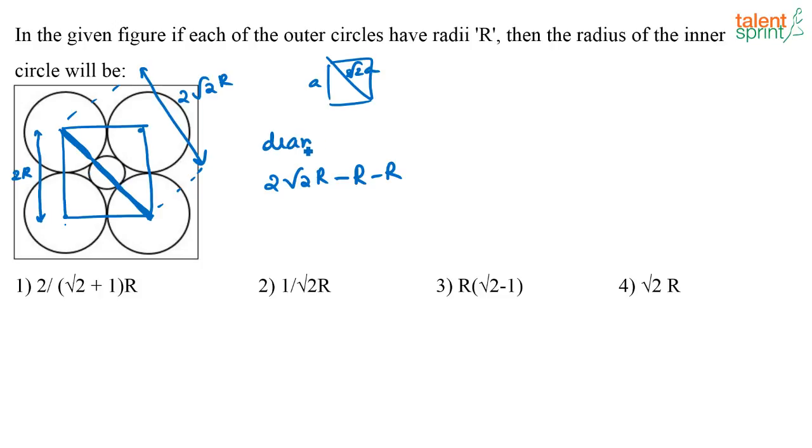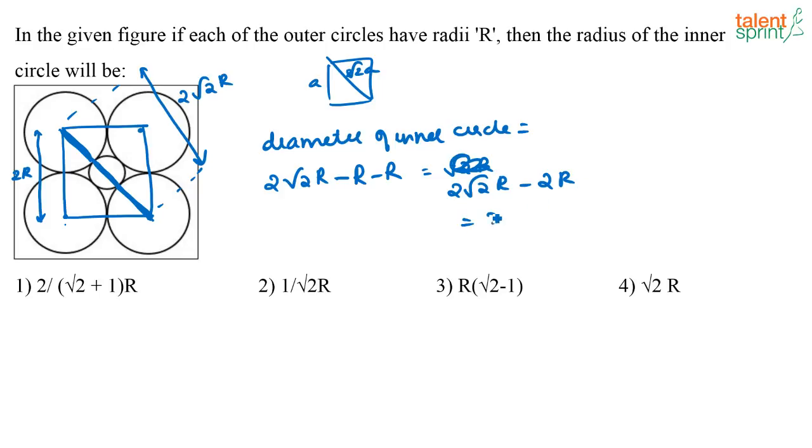The diameter of the inner circle is equal to 2 root 2r, that is this full length, minus this radius capital R minus this capital R. So sorry, 2 root 2r minus 2r, that is equal to 2r into root 2 minus 1. So this is the diameter of the inner circle.